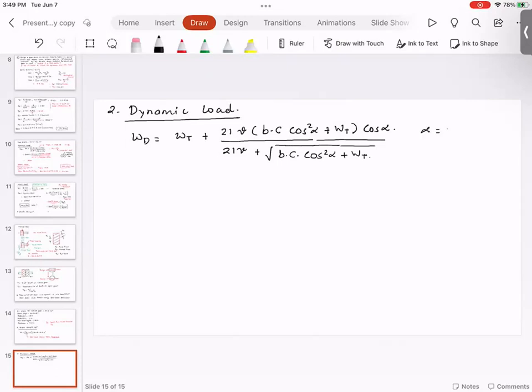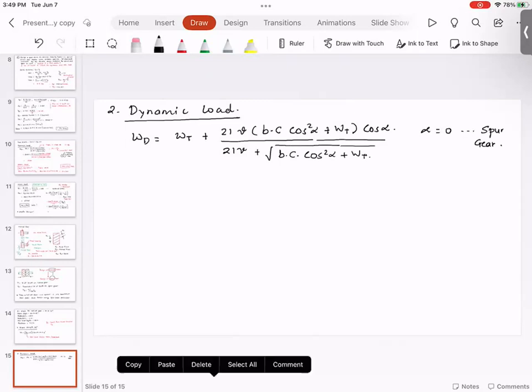And alpha, if you think about it, is 0 for spur gear. So if in this equation, you substitute alpha is equal to 0, you are going to get the equation for the spur gear. Other than that, this equation is similar to the spur gear.